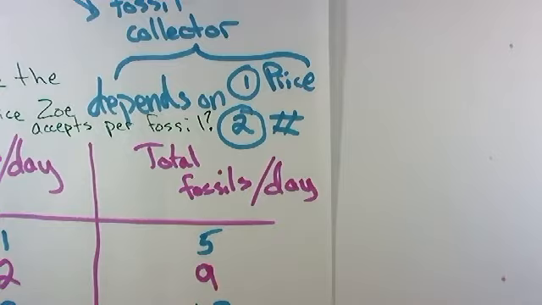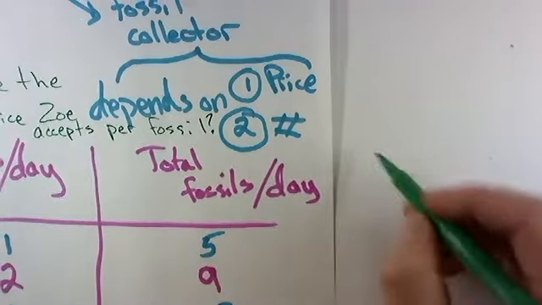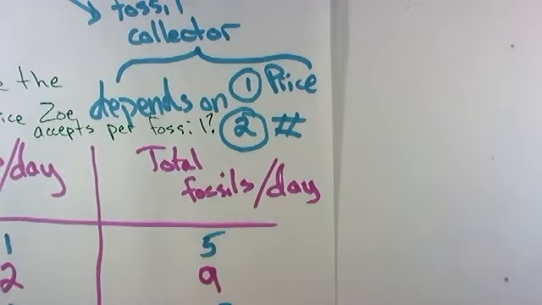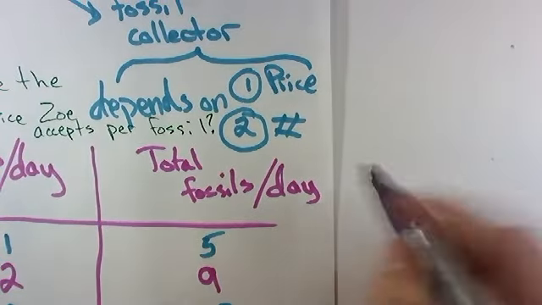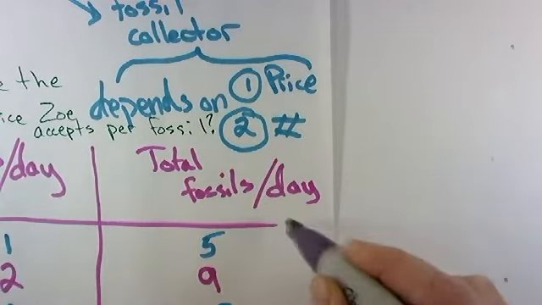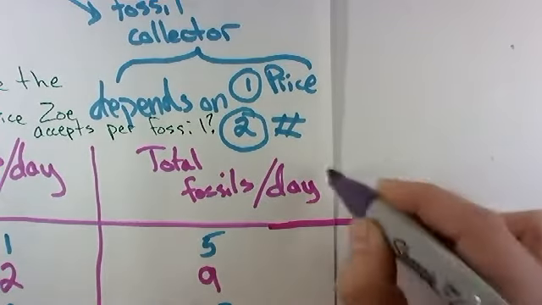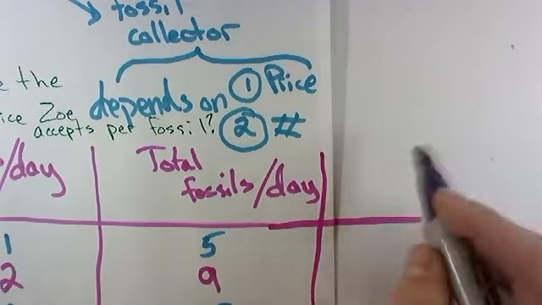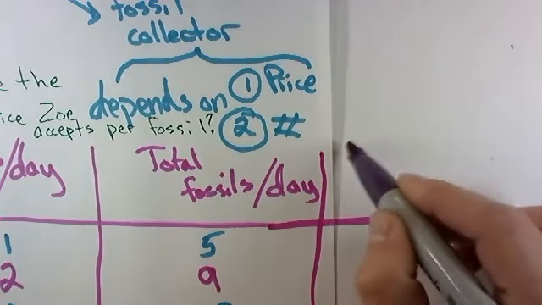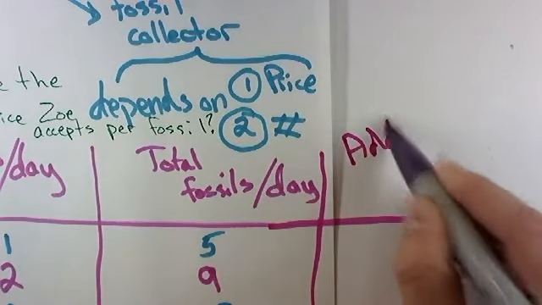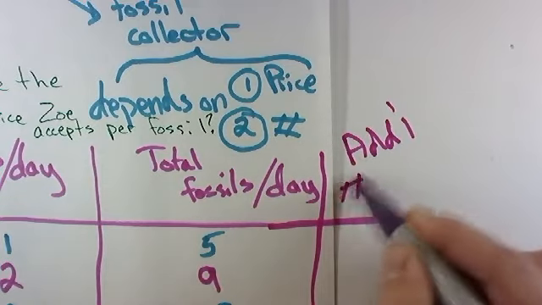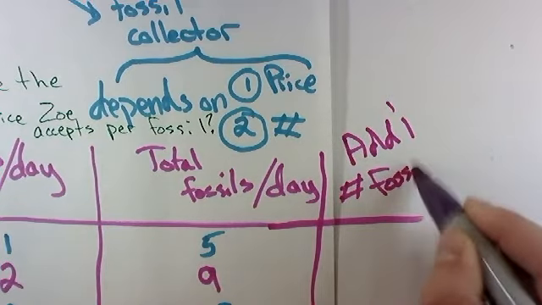Actually, we do need the marginal information, so I'm glad that we talked about it, because I misspoke. So this is the additional number of fossils found.